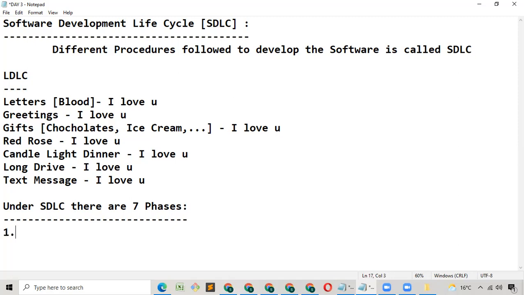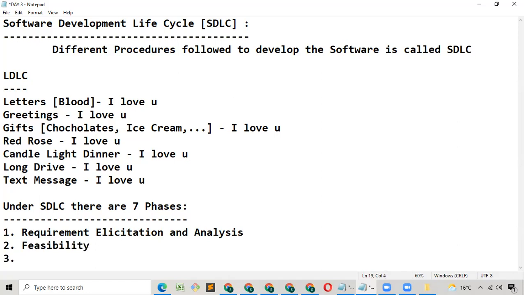First one happens to be requirement elicitation and analysis. Second phase happens to be feasibility study, or else I can just tell feasibility.